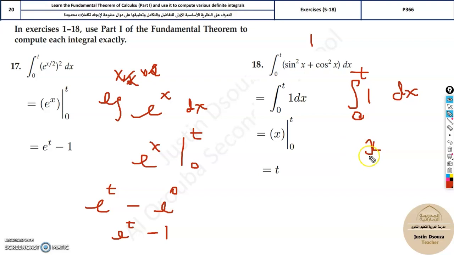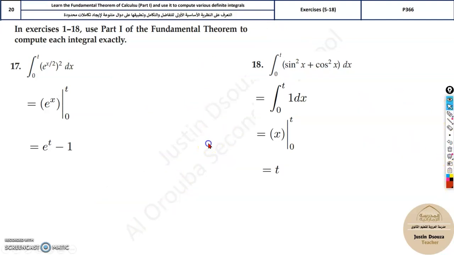So instead of x, you have to put the upper limit t, minus 0, which is 0. So it'll be only t. So this is how we solve it. I hope this is clear. So do try other problems as well and check the answers.